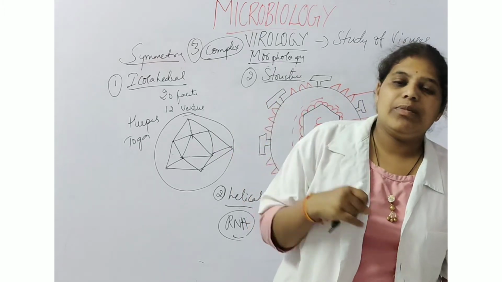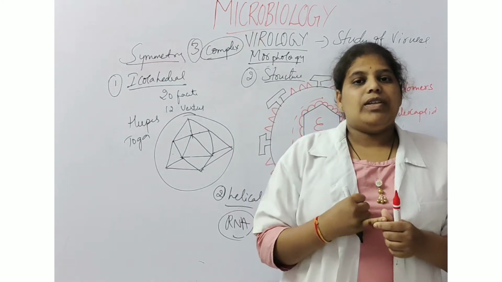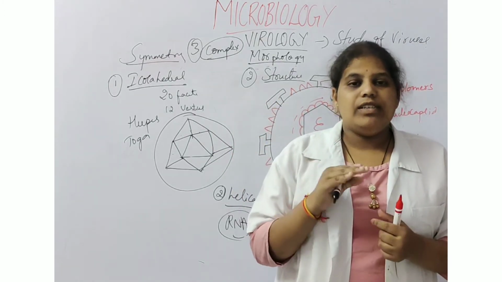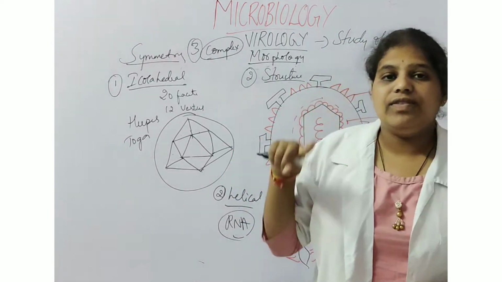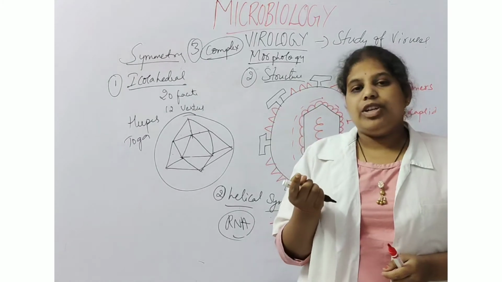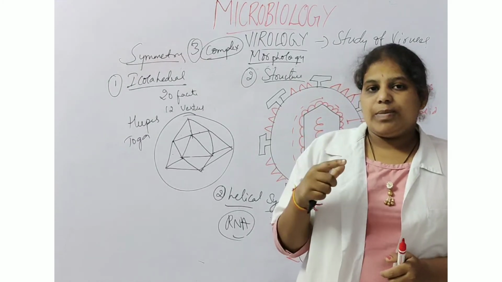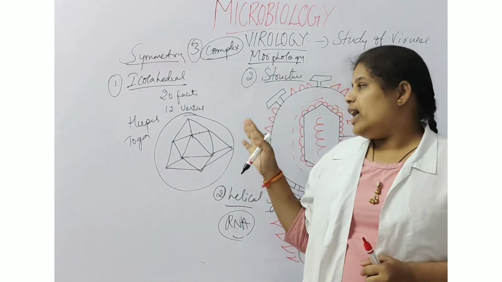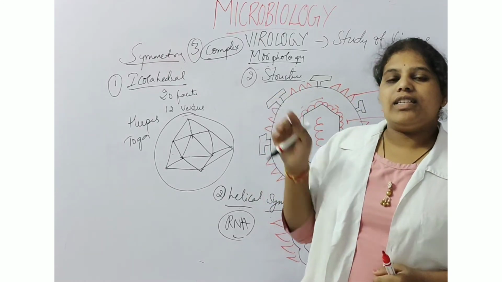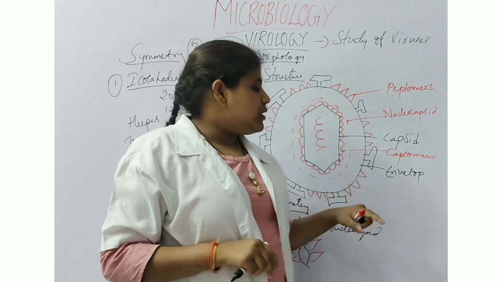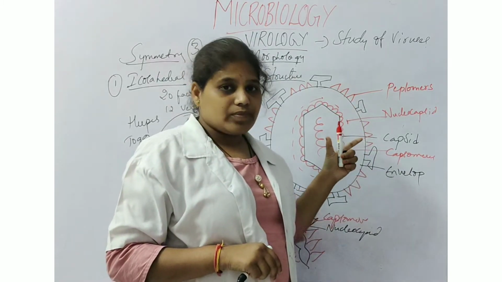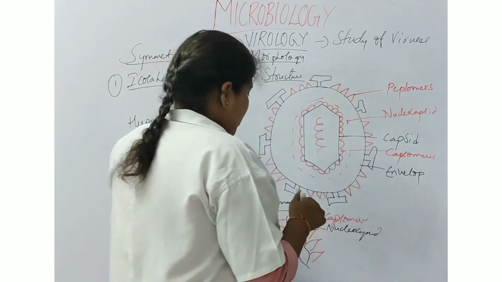So we have seen the chemical properties and general properties, and in morphological properties we have seen the size, which is about 20 to 300 nanometers. The virus particle is called a virion. In structure we have seen the capsid, capsomeres, nucleic acid, peplomers, and the neuraminidase.